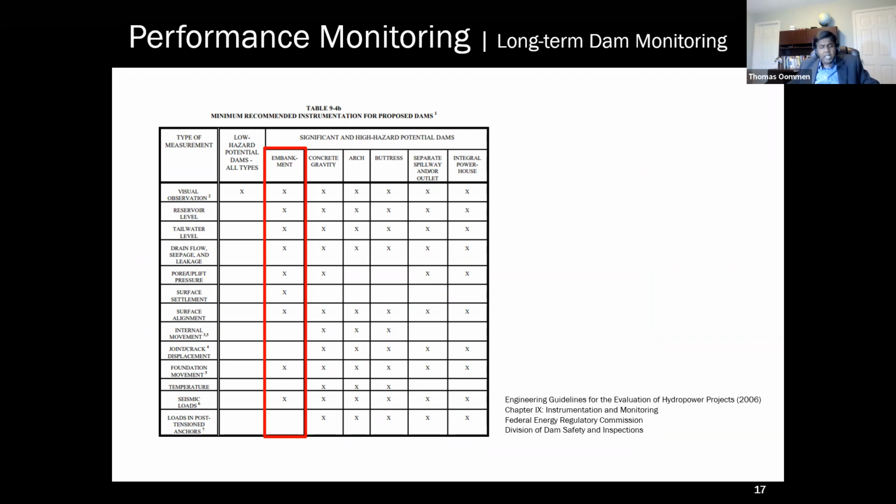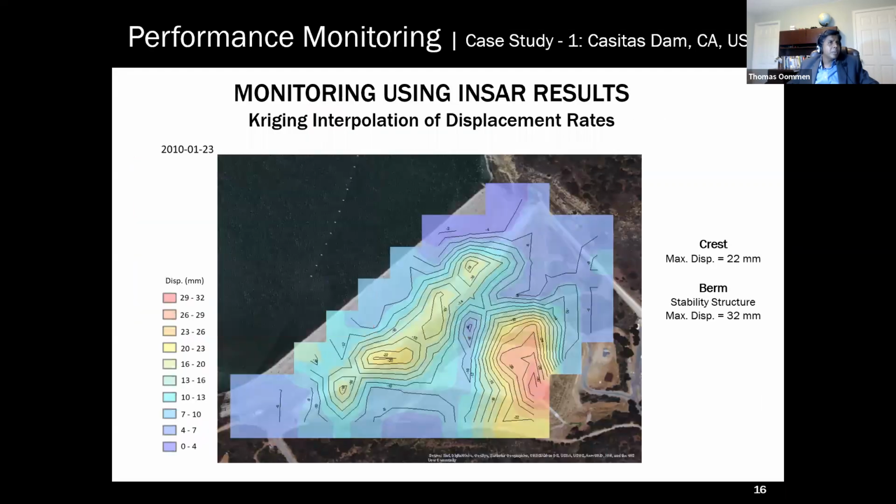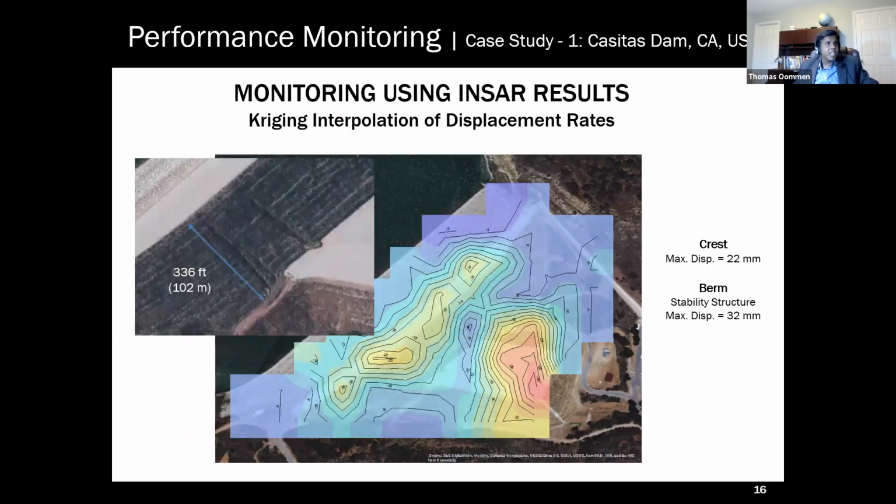Traditionally, these measurements are done with one or two instruments. But the problem with that approach is if your instrumentation was at one of the stable locations, if it was here or here, you would not have detected the problem that is going on here.